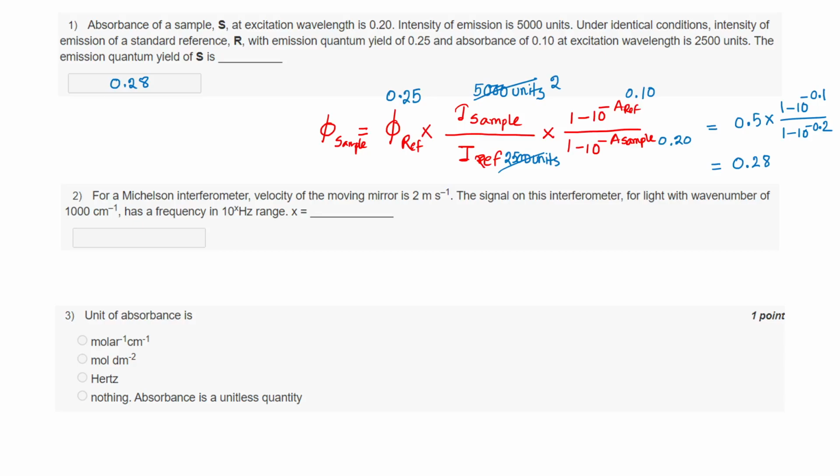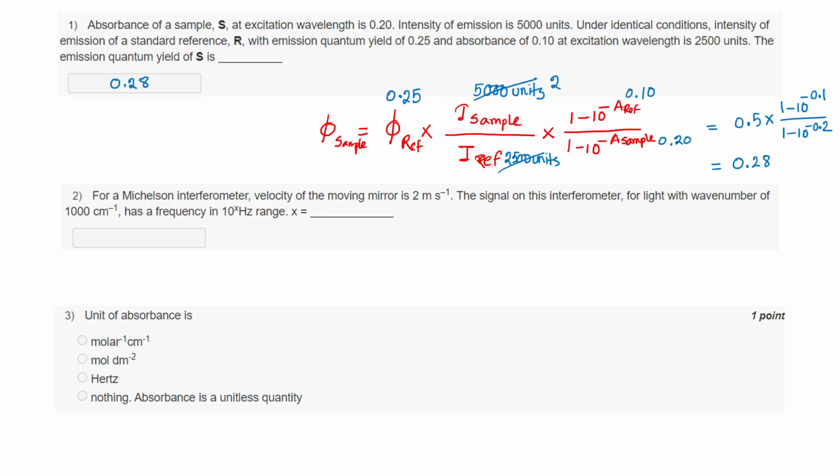Actually, what I can understand they have done is that instead of 1 minus 10 to the power minus 0.1, they have directly written 0.1. I guess by that they are getting something like 0.25. The answer they provided was between 0.21 and 0.26.